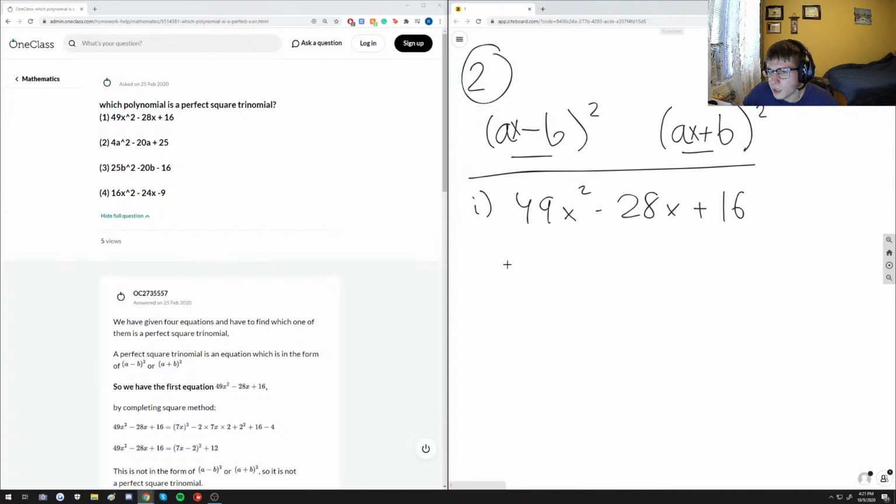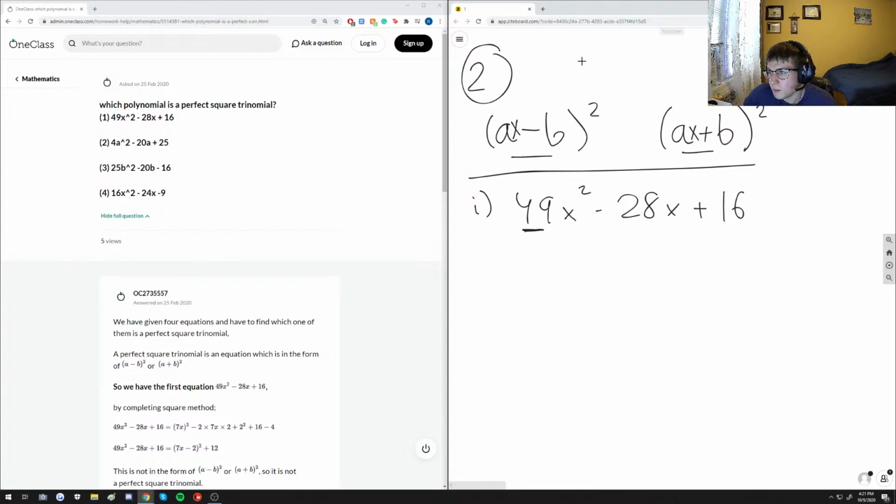So with a quick glance here, we could realize that our a in all of these questions is essentially going to be the square root of the coefficient that is in front of the quadratic term.